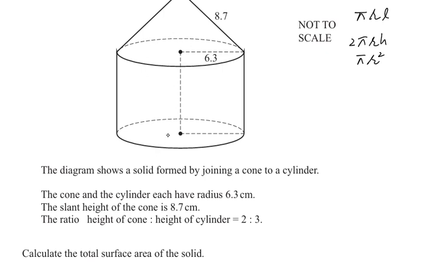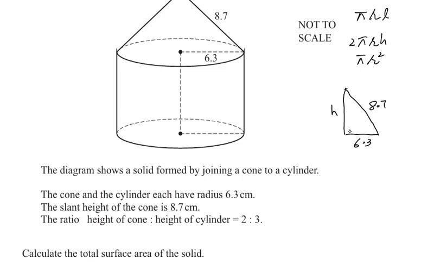First of all, keep in mind that we are not given the height of the cylinder or the height of the cone. To find them, we can just focus on this cone, where we have to find the height, and its slant height is 8.7 and its radius is 6.3.